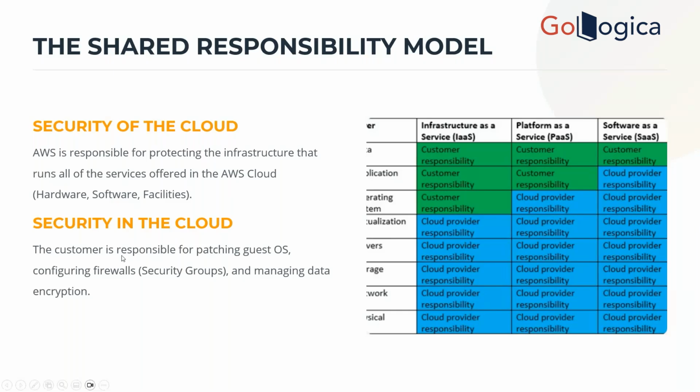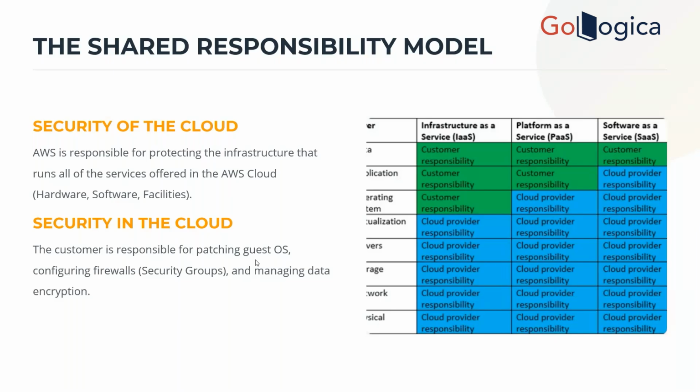That means patching the guest operating system, configuring firewalls like security groups, and managing data, such as encryption. When we say guest operating system, it is the operating system that we get for our virtual machine. Our virtual machine has its own operating system.